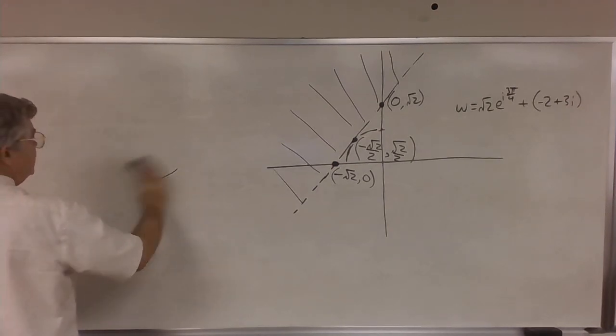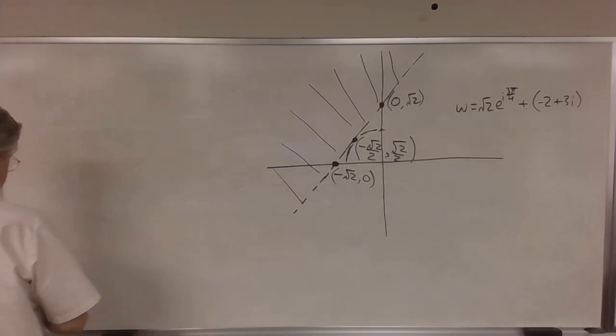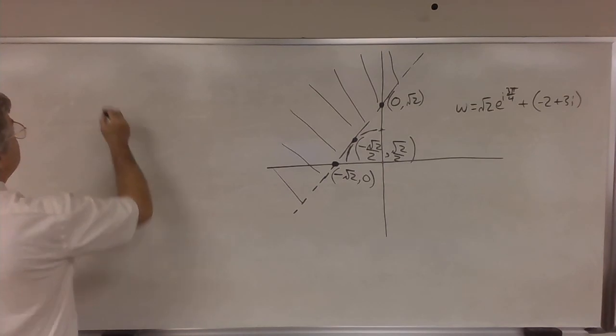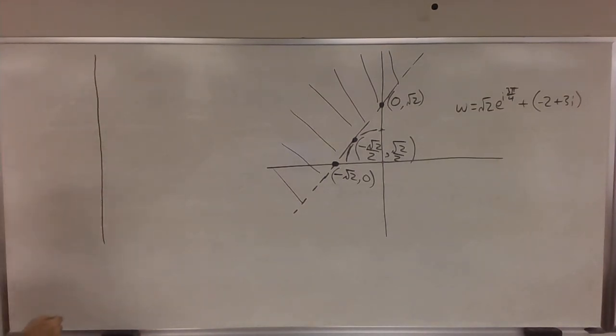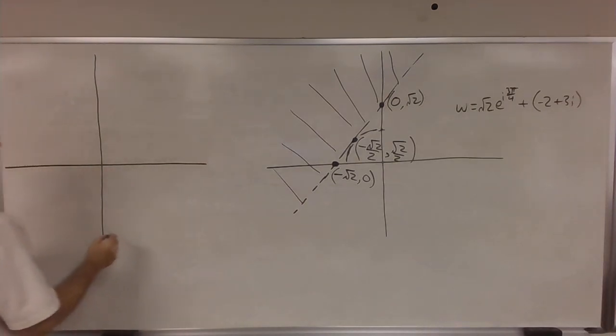The next thing I'm going to do is my magnification. So the magnification is going to change the distances from the origin, but it's not going to change the shape any.